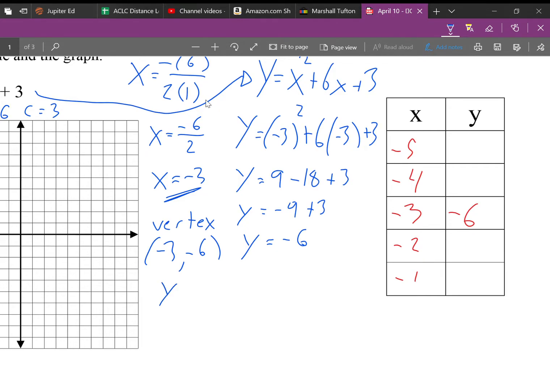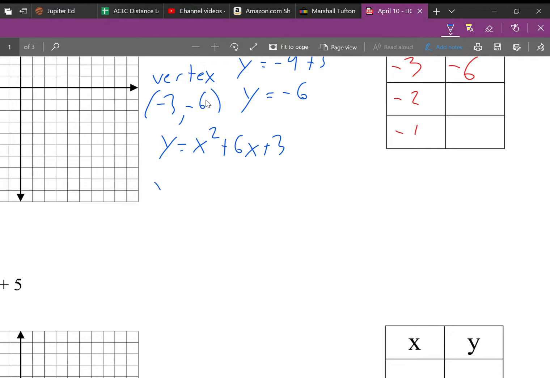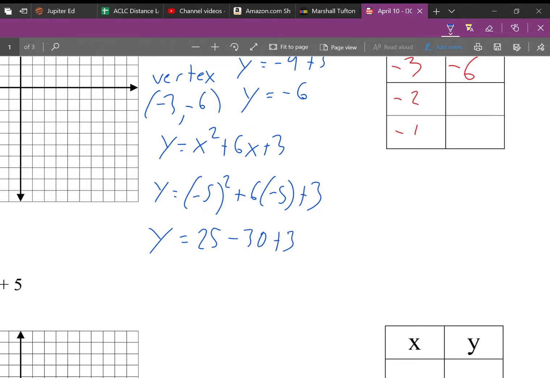So again, what's the equation? Y equals x squared plus 6x plus 3. If I plug negative 5 in there, I end up with negative 5 squared plus 6 times negative 5 plus 3. So you can give me y equals, negative 5 squared is positive 25. 6 times negative 5 is negative 30, plus 3.